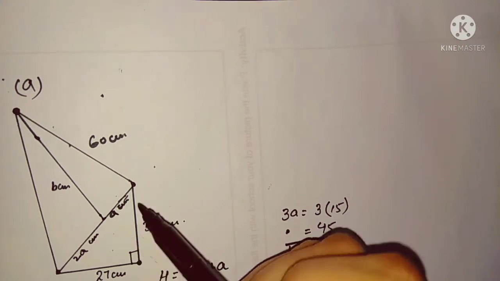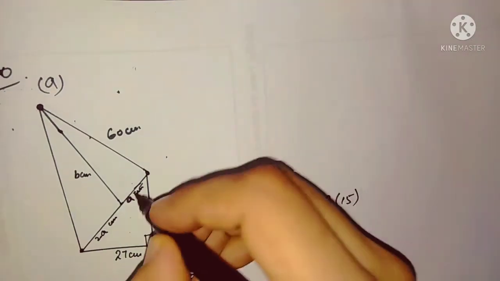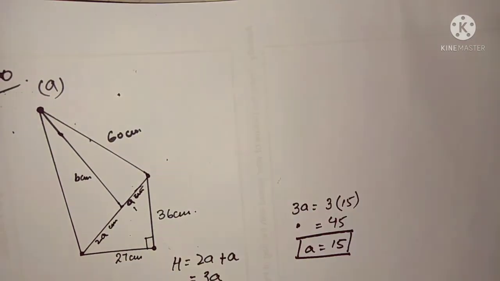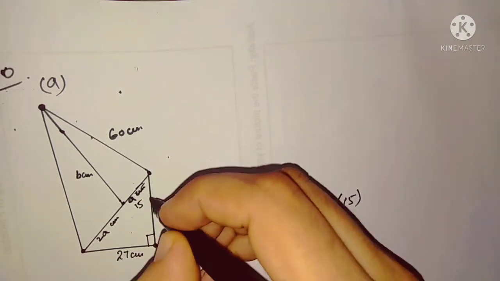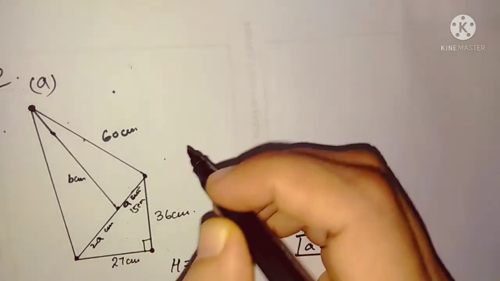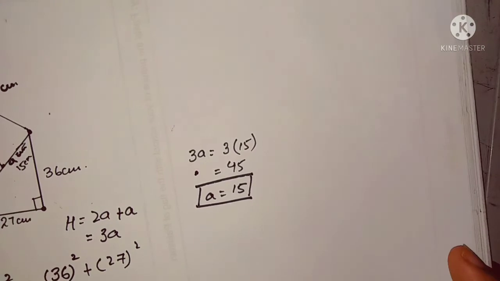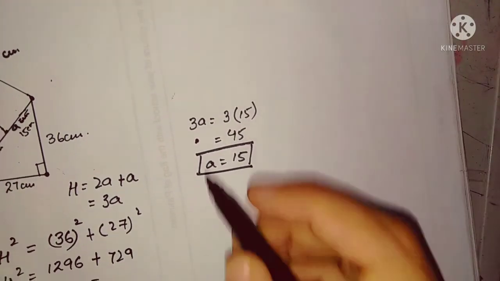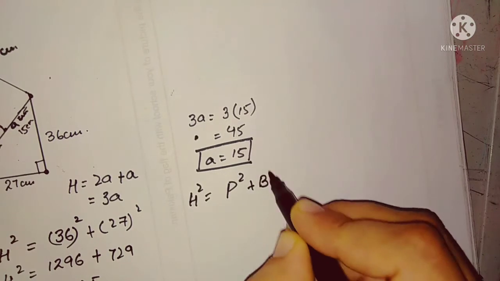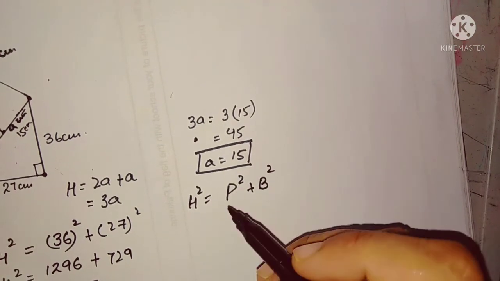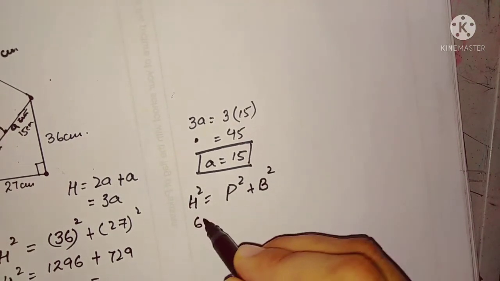From here till here is the base, which is a, and this is your perpendicular, which is b, and this is your hypotenuse, which is 60. Since we have found the value of a, in place of a we can put 15. So the length from here till here is 15 centimeter.